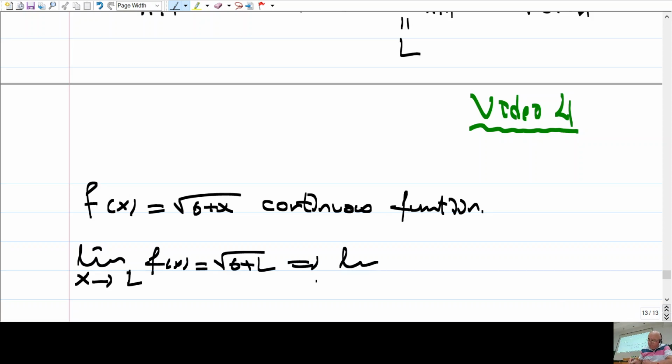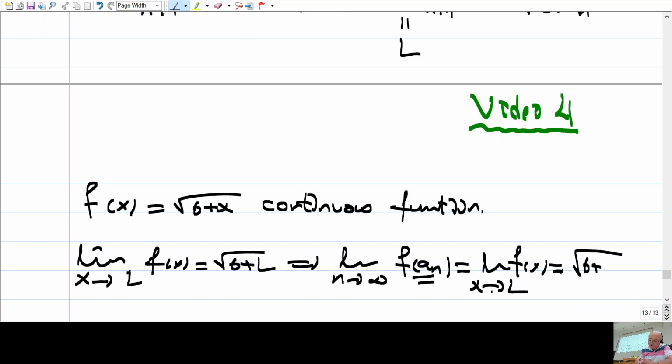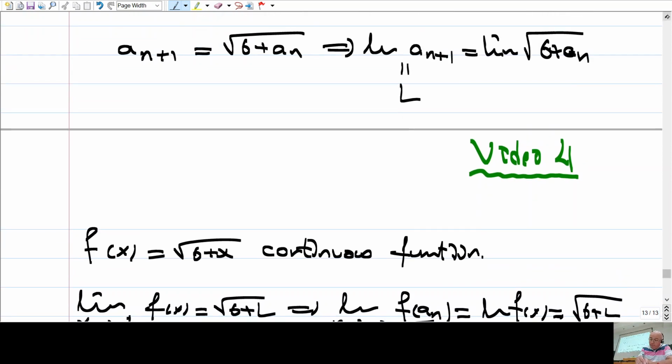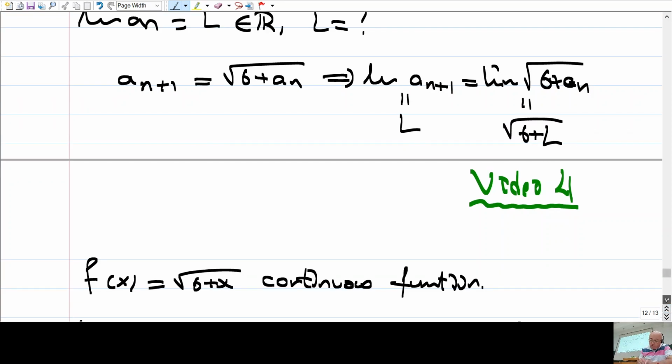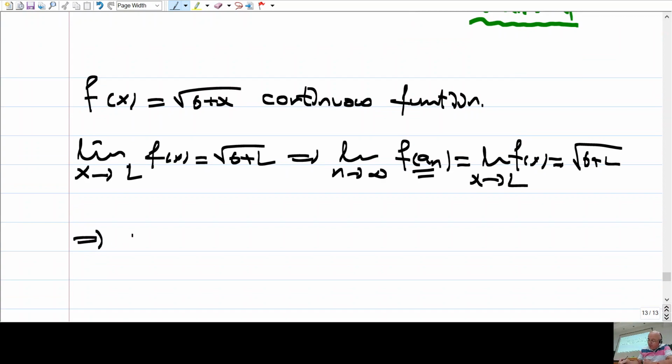In particular, as n goes to infinity, f of an, well, an goes to L, so this is the same thing as the limit as x goes to L of f of x, because an goes to L, and this is just square root of 6 plus L. Therefore, this limit is just square root of 6 plus L. So we obtain the following identity then.